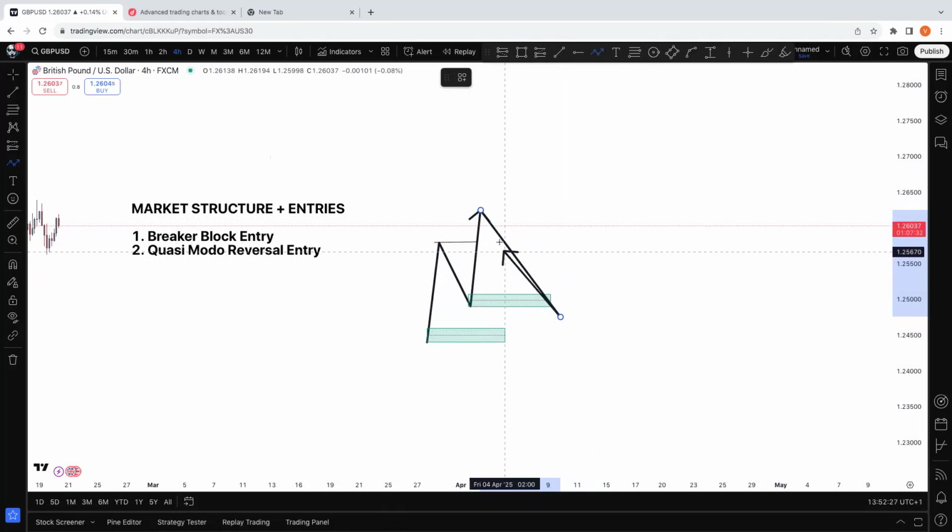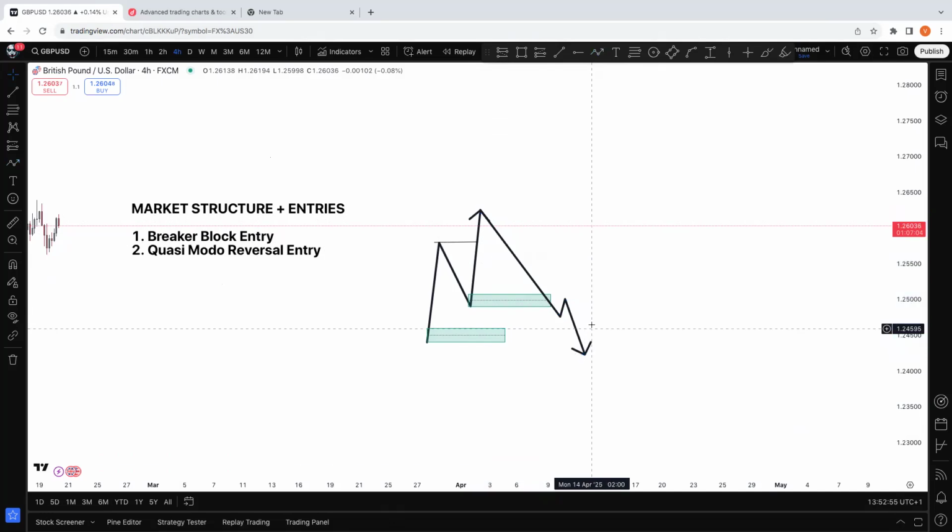Now, if the reason for this break was due to fundamental reasons, let's say a news or something like that, or maybe just high impact news, you're going to believe me that price will not come all the way up to this zone to fill up all of the supply zone, and the fair value gap and all of that, right? Price is just going to quickly react from this zone here and just continue selling, right?